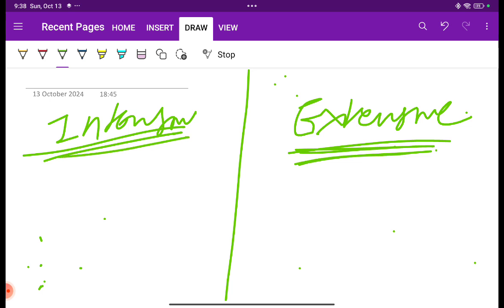Let's take the example of some state functions. Both of these are state functions, as I mentioned earlier. So if you see volume, it depends on how much substance is there.